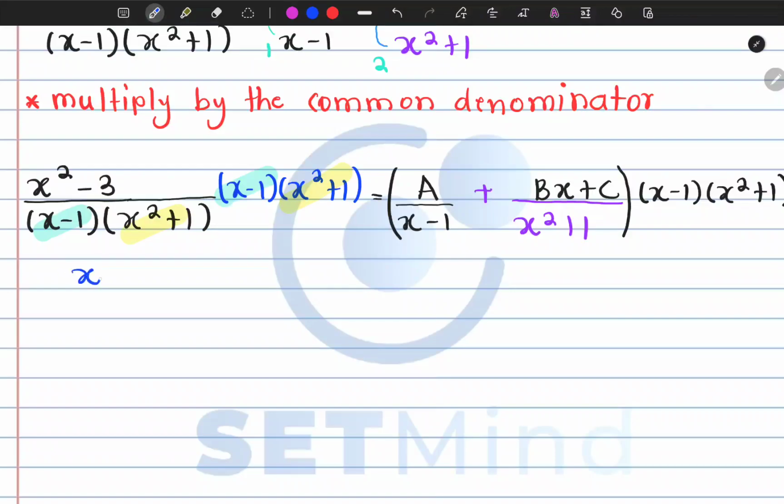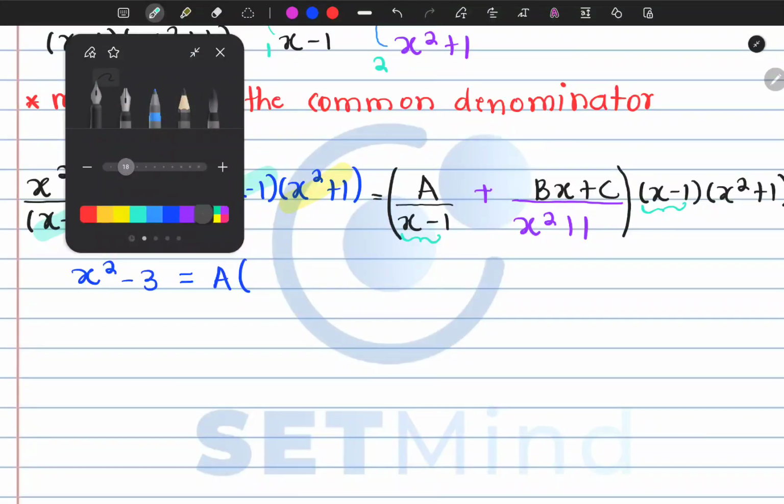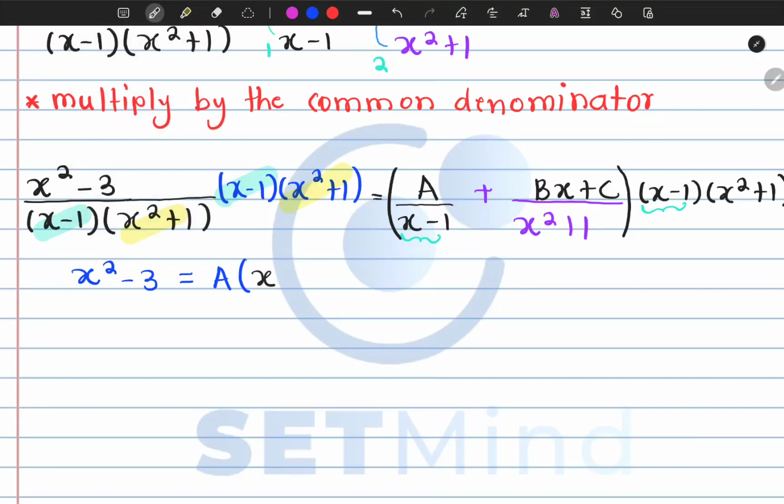So we'll only be left with x squared minus 3. And this will be equal to, on the right hand side, a multiplied by, the x minus 1 will cancel with that x minus 1, which means a will be left to multiply with x squared plus 1. And then plus bx plus c.